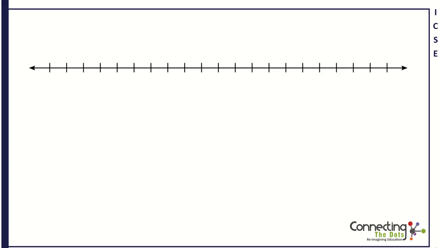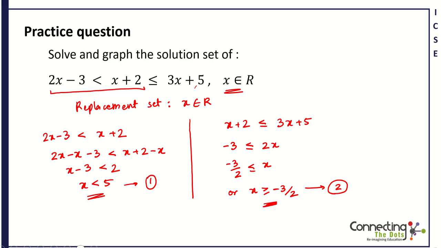So if you have this is 5, 4, 3, 2, 1. So we have this. Let me remove these dots because they may be misleading. So this is our number line. Remember, it has to be less than 5 and greater than or equal to negative 3 by 2.